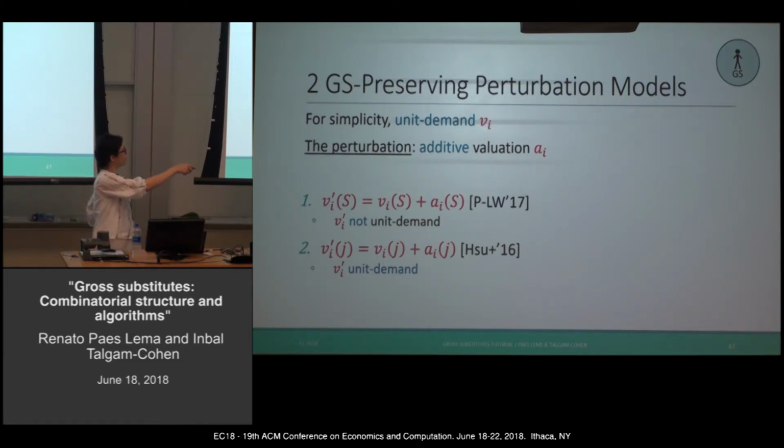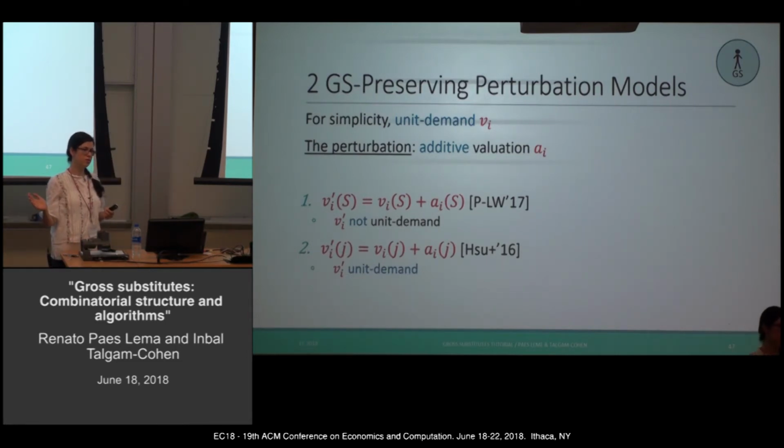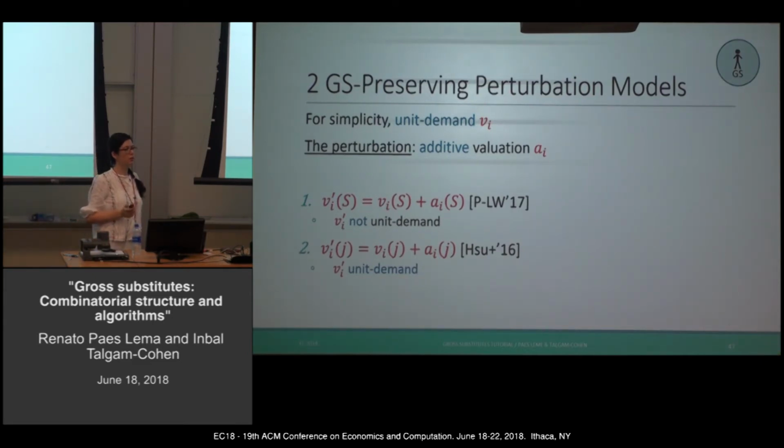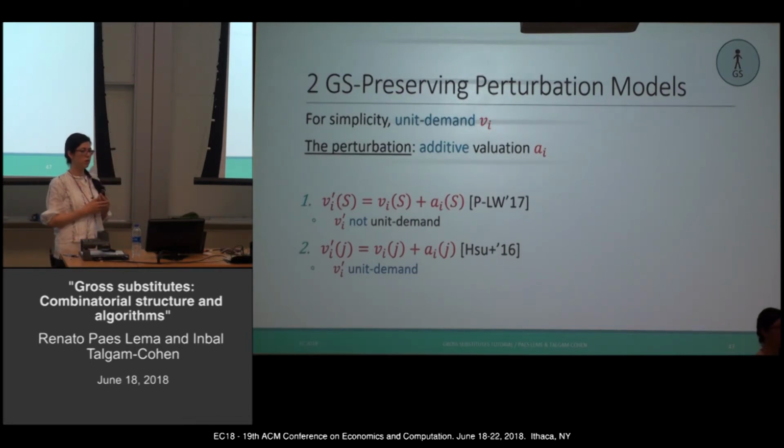You start with V. For every one of the items, you get V prime by adding a perturbation to every one of the values of the items. And for the perturbed values, now you take a unit demand function over these. So this is great, but the problem is how do you define this in general? So it works for unit demand. It actually works for any matroid-based evaluation, like Renato was mentioning, but in general, it's not even well defined.